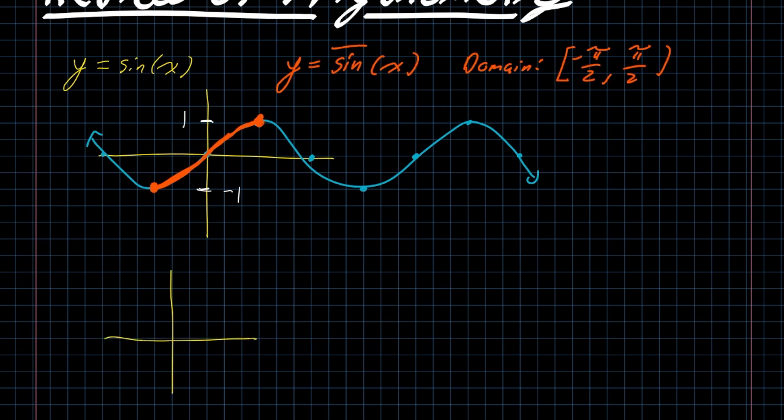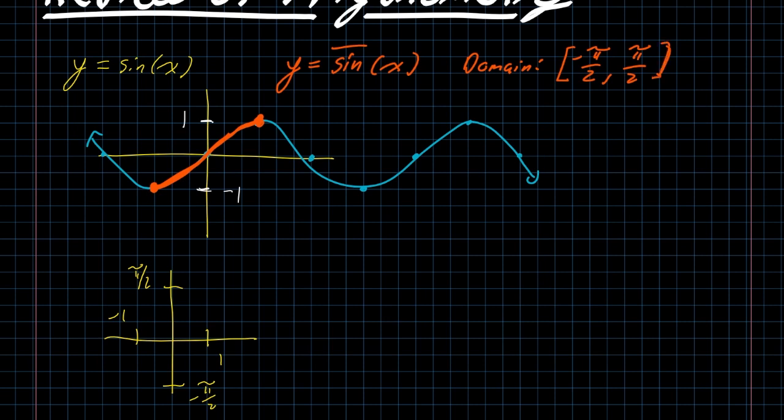And the inverse function here has many names, but it's going to have a domain from -1 to 1 and a range from -pi/2 to pi/2. Right? The domain and range of a function and its inverse just switch.